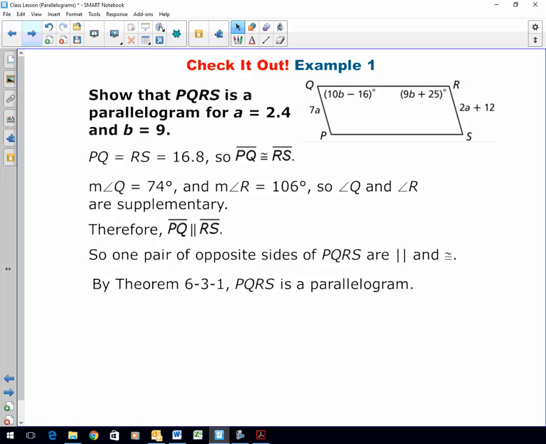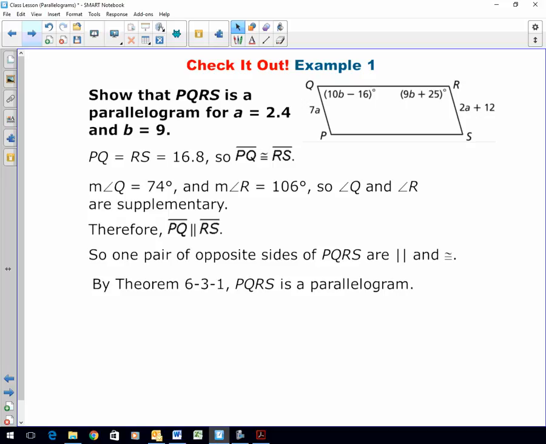Yeah, supplementary, right? They do this work for us. 10 times 9 minus 16 is 74. 9 times 9 plus 25 is 106. 74 plus 106 equals 180. Okay?